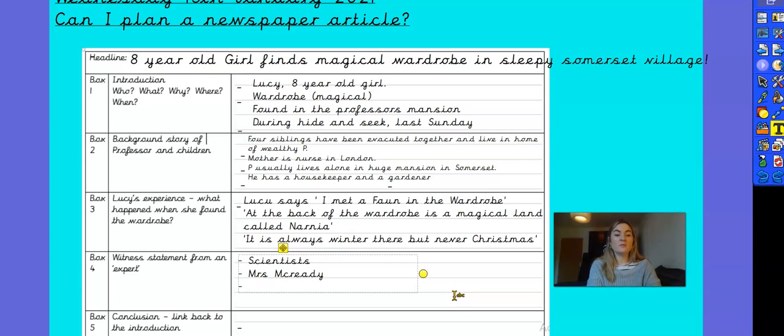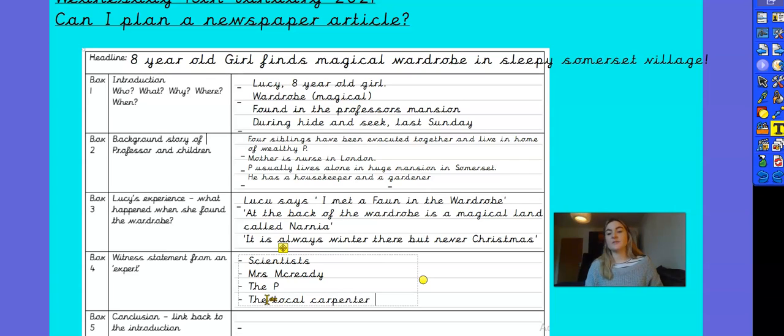You could maybe have, let's have a look. So you might have the professor who might have made a statement because it is his house after all. You could even have, just trying to think, the local carpenter.